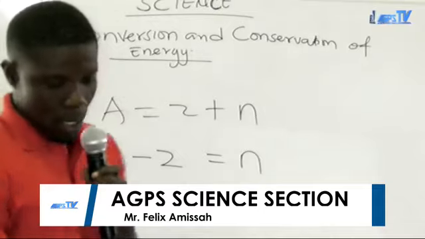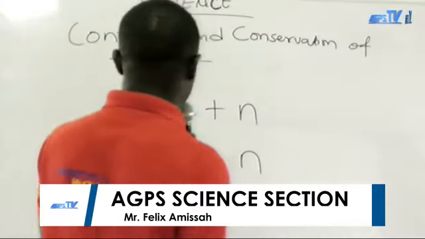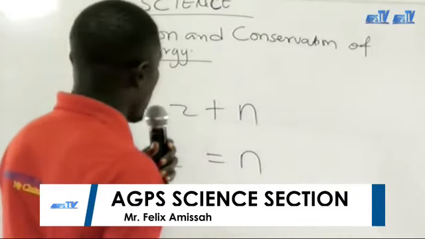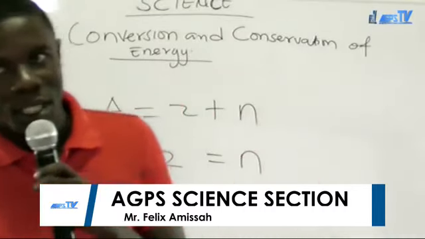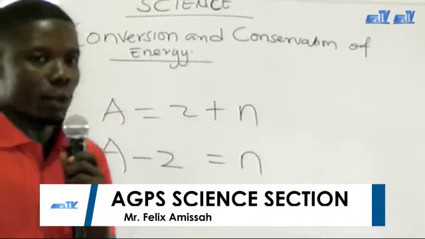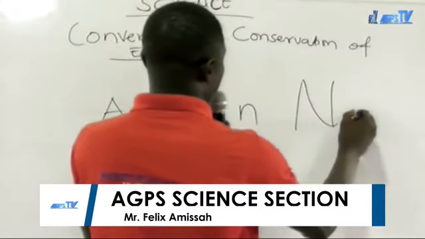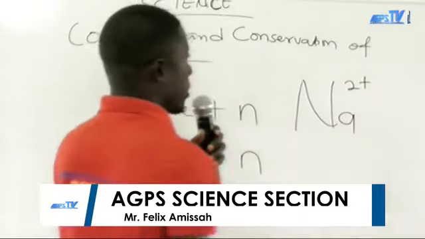Now, if the atom is in a neutral state, the number of electrons is the same as the number of protons. Somebody can ask you, if the atom is not in the neutral state, how can you write the atom? Look at this element, sodium, with a 2 plus charge.